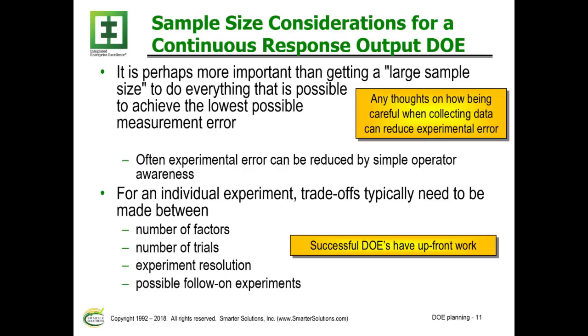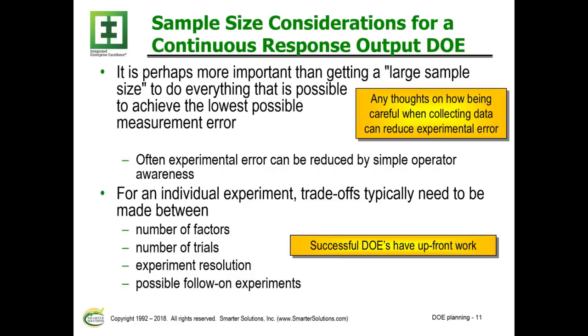It's really important, rather than just getting a large sample, to do everything you can to get the lowest possible measurement error. That's what everything is assessed against. If you have a low experimental error, then we can detect differences between the high and low levels better.